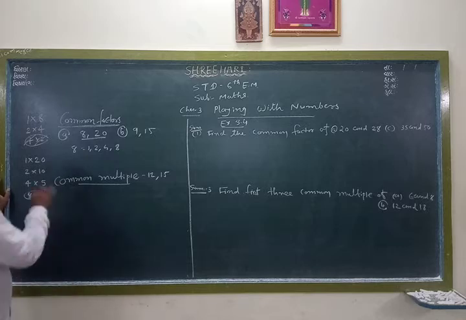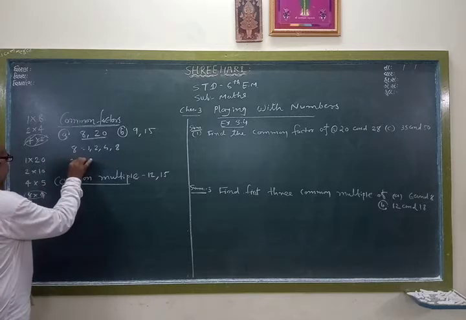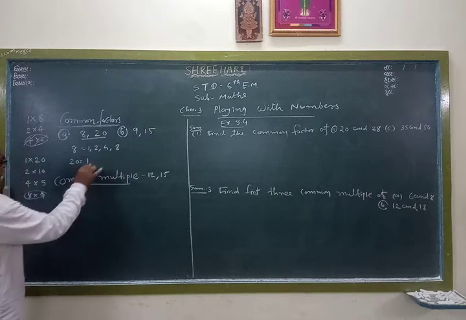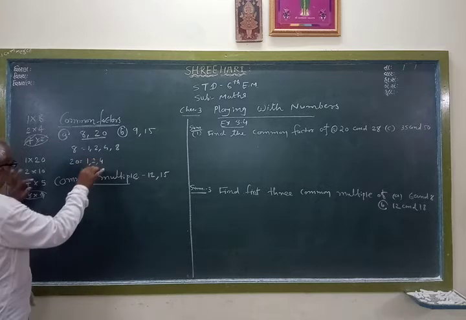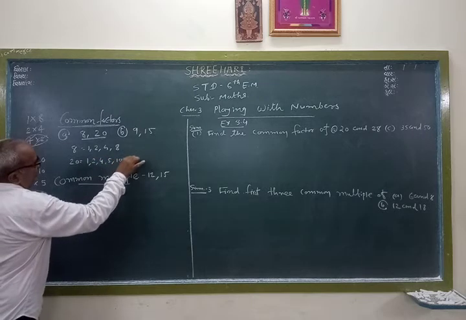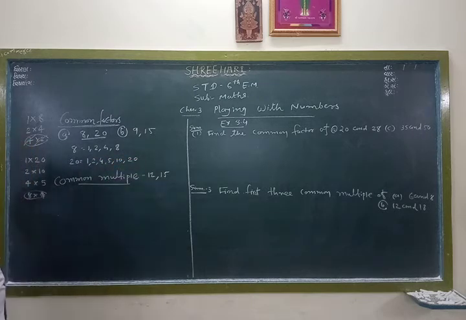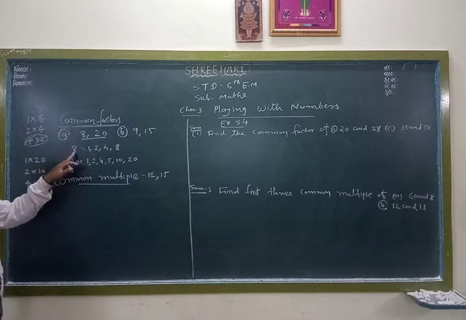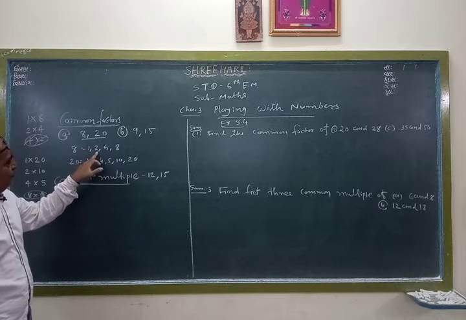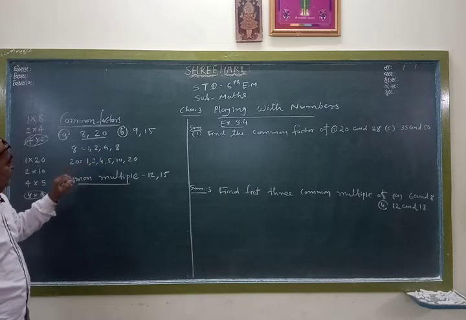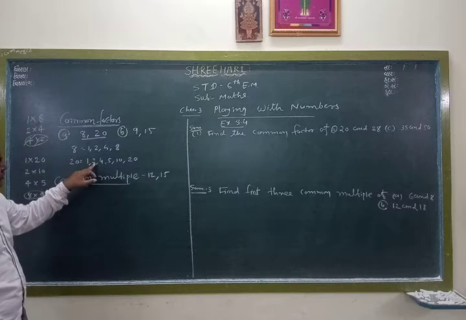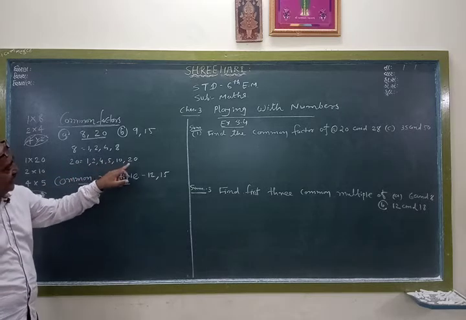Now the factors of 20 are 1, 2, 4, 5, 10 and 20. So you can see here the factors of 8 are 1, 2, 4 and 8, and the factors of 20 are 1, 2, 4, 5, 10 and 20.